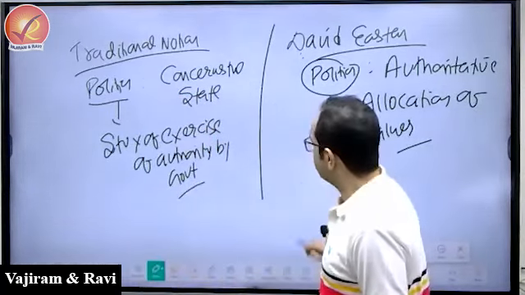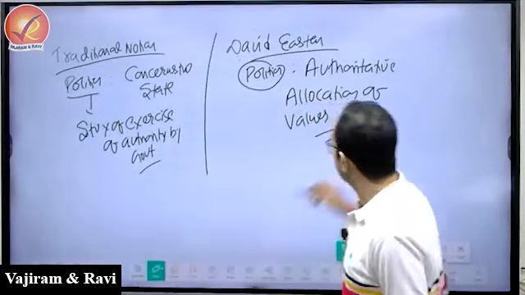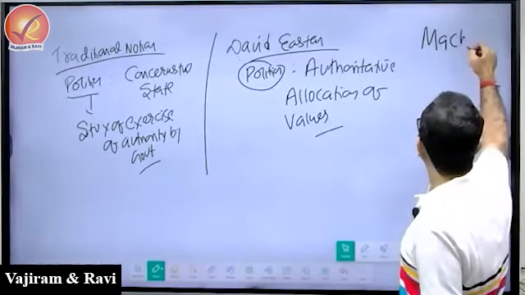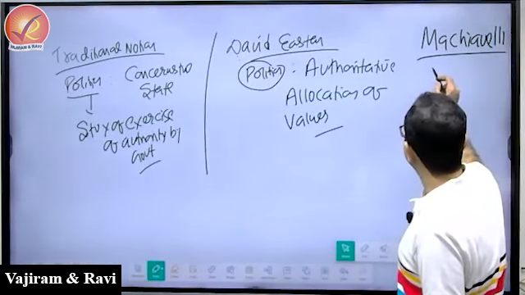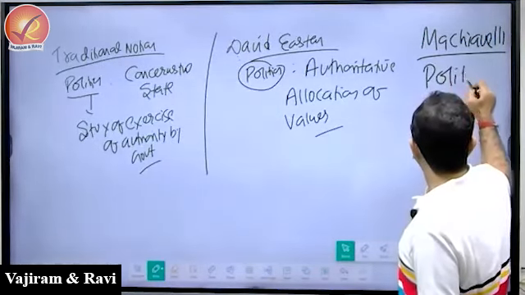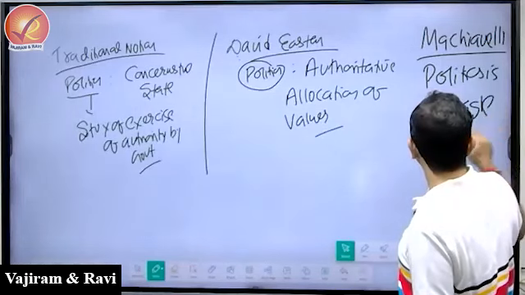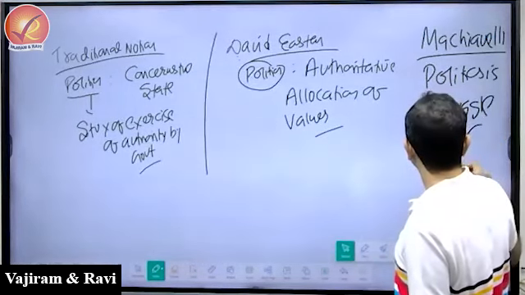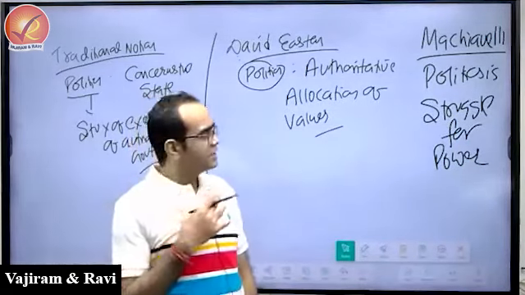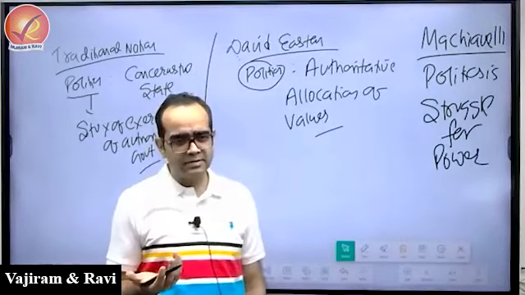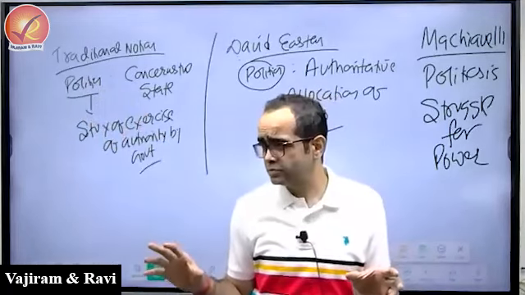And here there is another scholar, Machiavelli. Machiavelli said politics is simply the struggle for power. Is politics the struggle for power? Yes. That's what we see at the domestic level, that's what you see at the international level also.